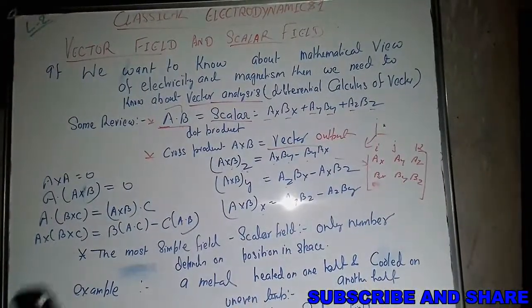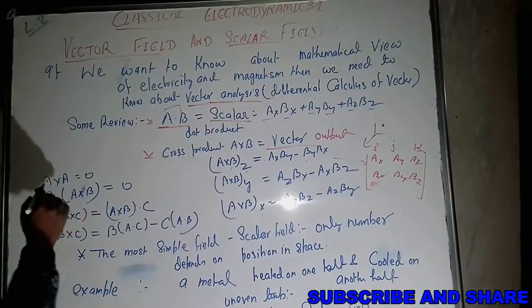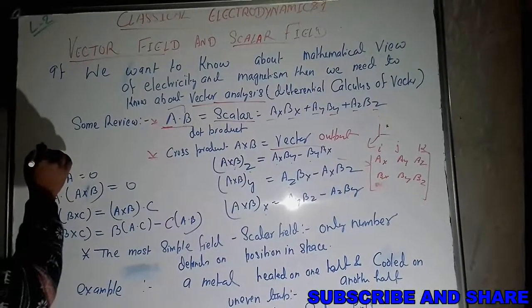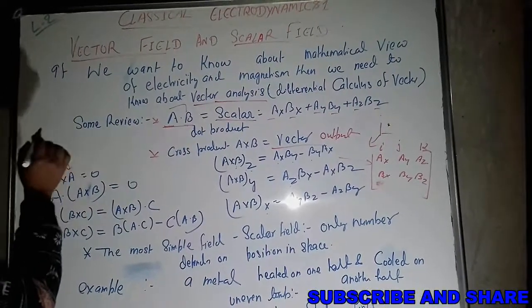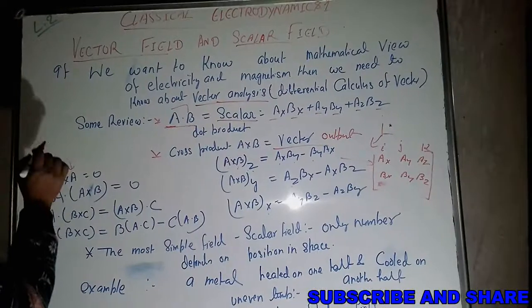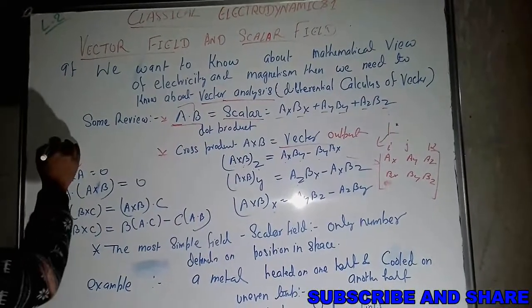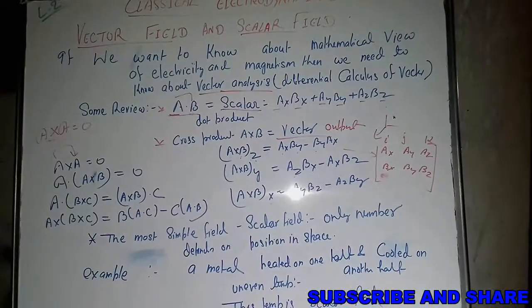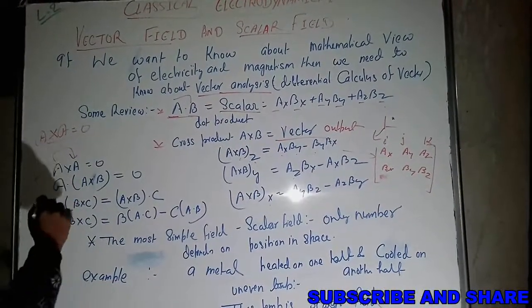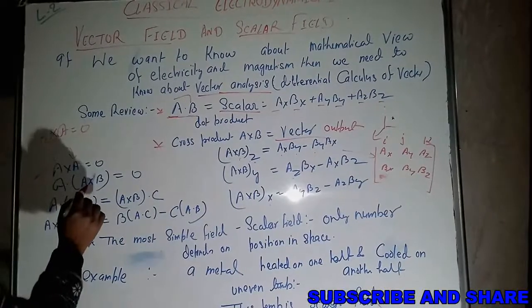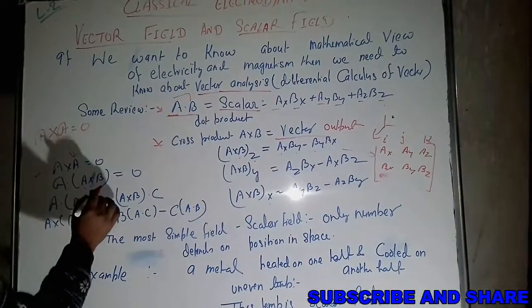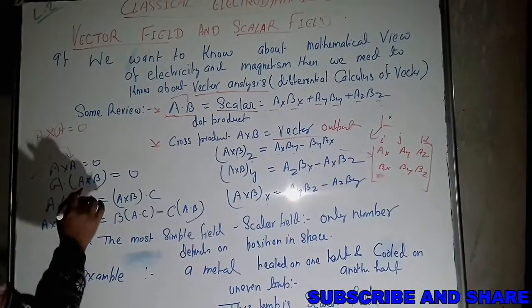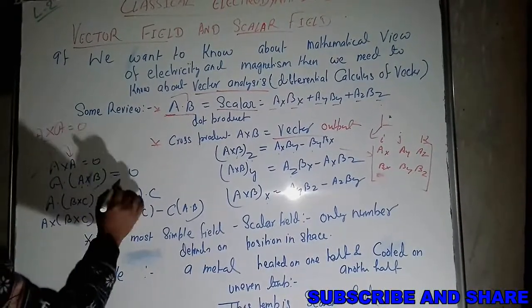Again, there is another concept. If there is a vector A, the cross product of vector A with itself always gives 0. And the dot product of A with the cross product of A cross B gives 0.